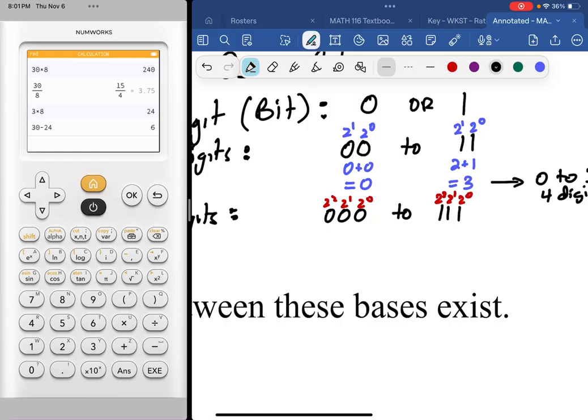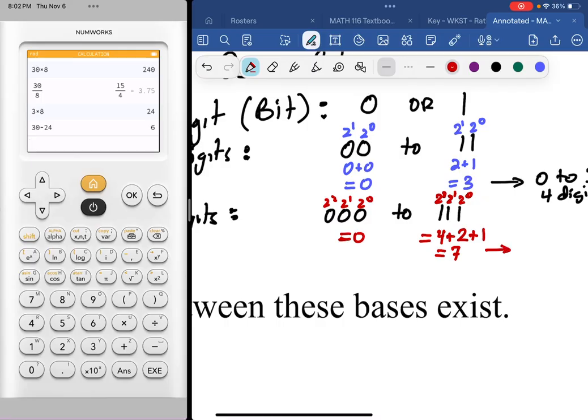So still equal to 0 over here. On this side, you would have 2 to the 2nd is 4, plus 2 to the 1st is 2, plus 2 to the 0th is 1, and that gives you a result of 7.